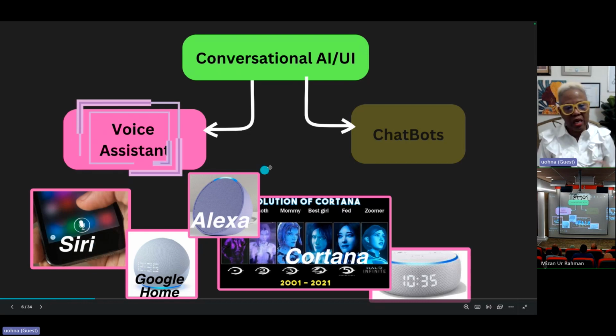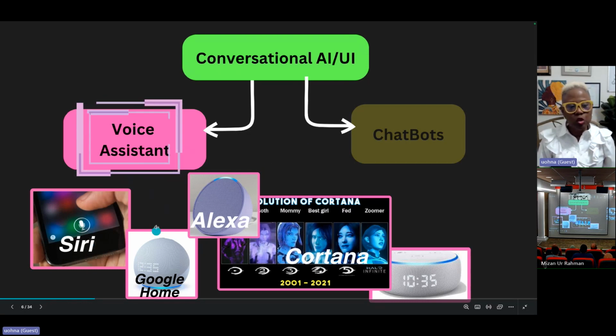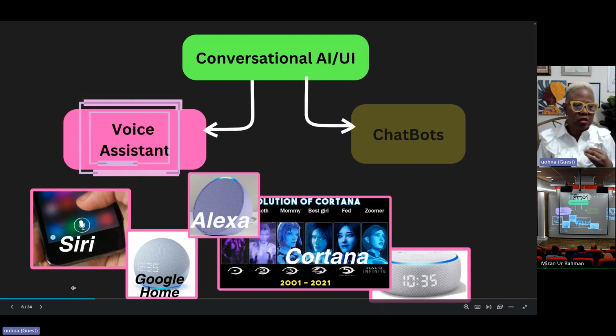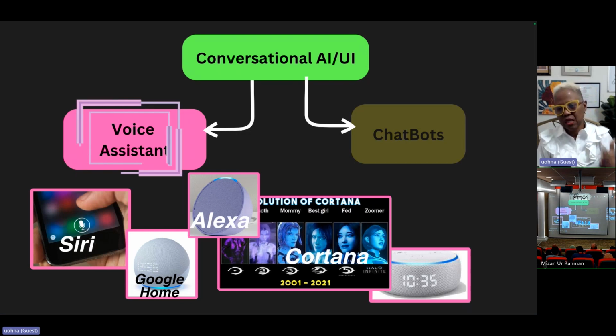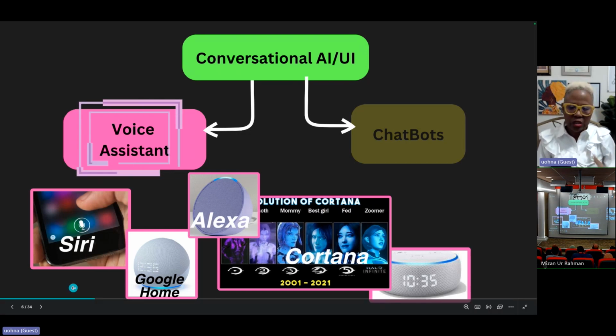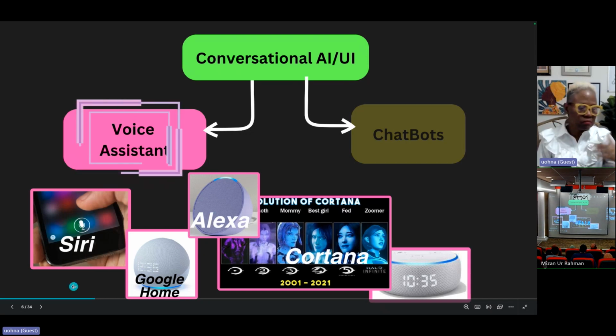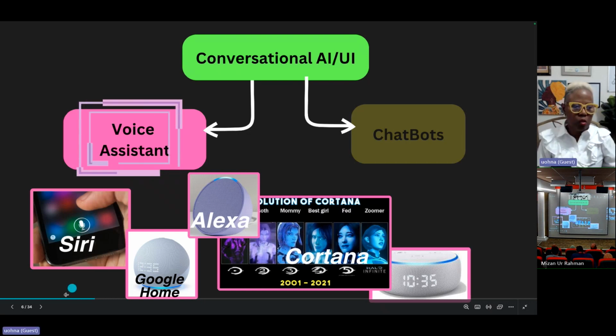Siri and Alexa and Cortana and Google Home are all voice activated, voice assistant type chatbots, right? They respond to your voice command, and they would either give you information or order your Amazon product or turn the lights off or give you directions, whatever your query is.